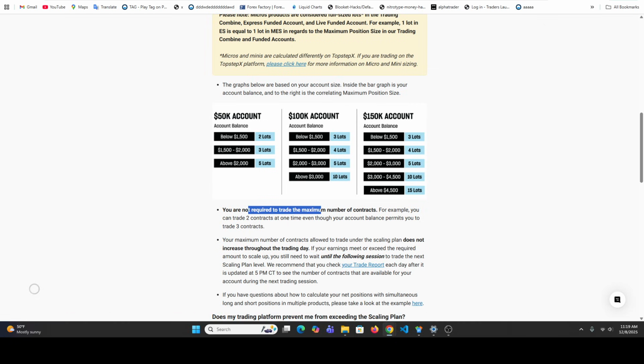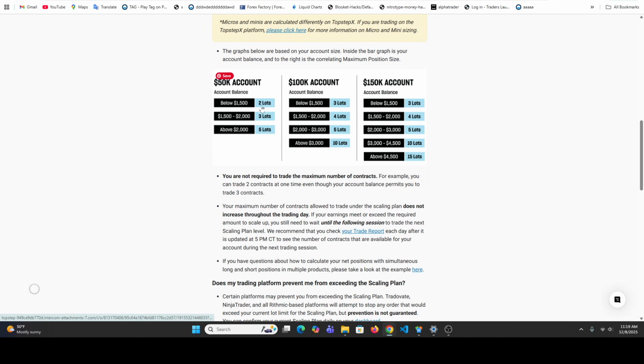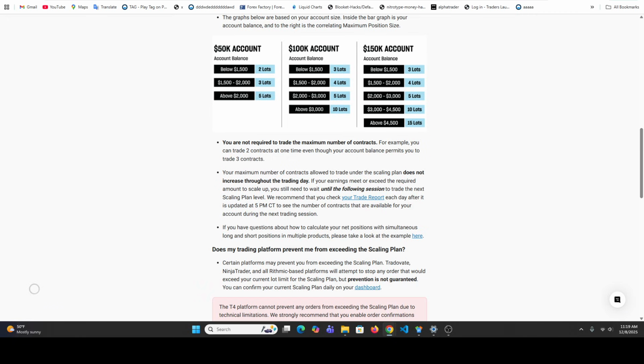No. So you are not required to trade the maximum number of contracts. You can trade as many contracts as you would like, or whatever works for your trading style, your trading plan. Understand that they're just giving you access to more contracts if you would like to.